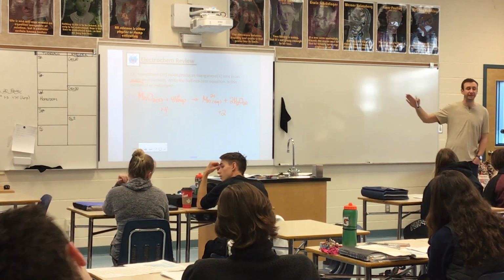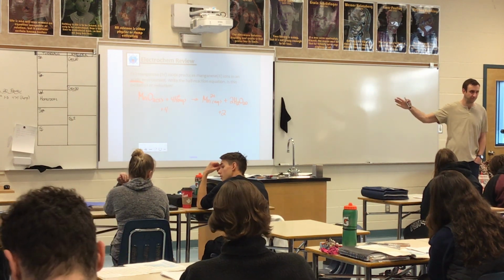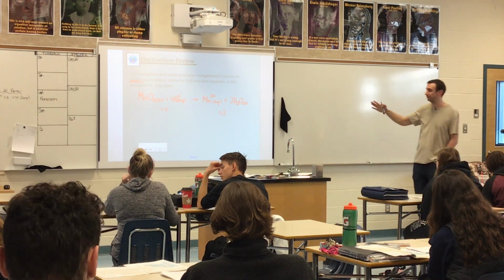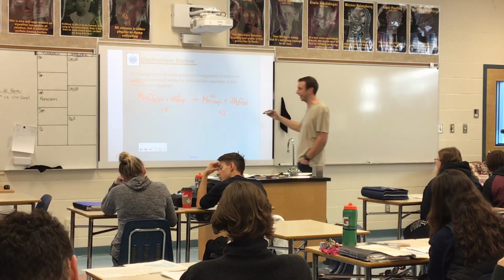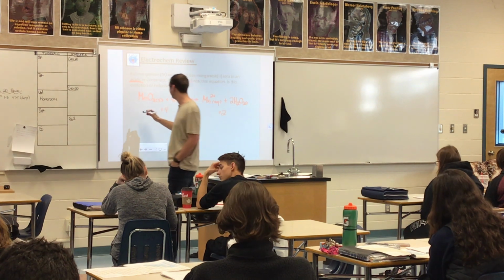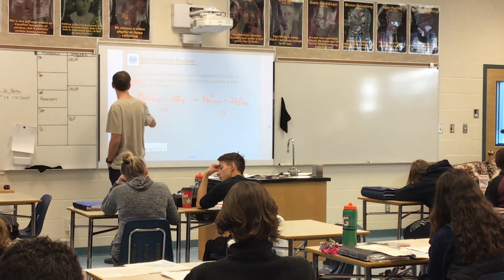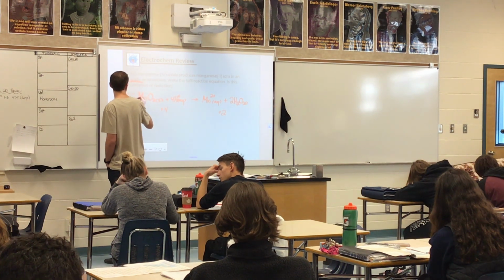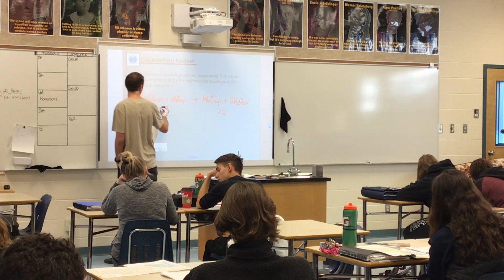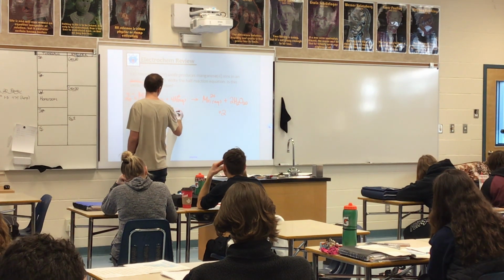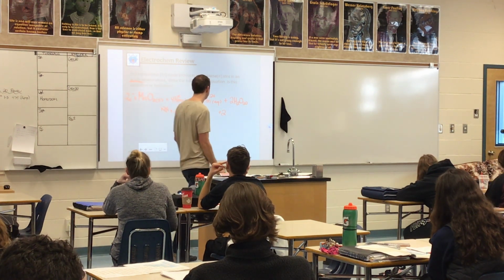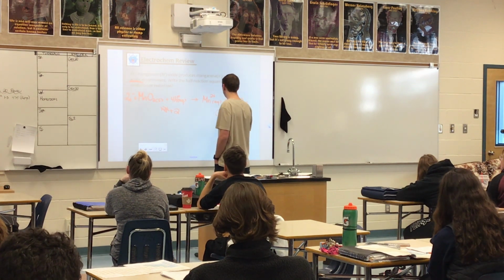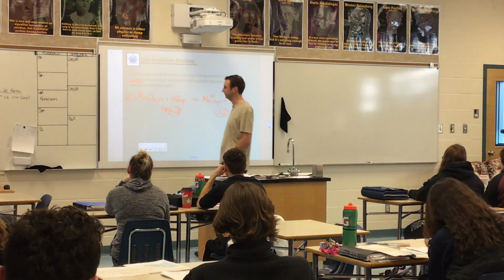The whole idea here is I'm trying to make both sides equal. So electrons will add to the more positive side, which is the left in this case. By adding 2 electrons to this, I now make this a positive 2 overall charge on the left to equal the positive 2 on the right.